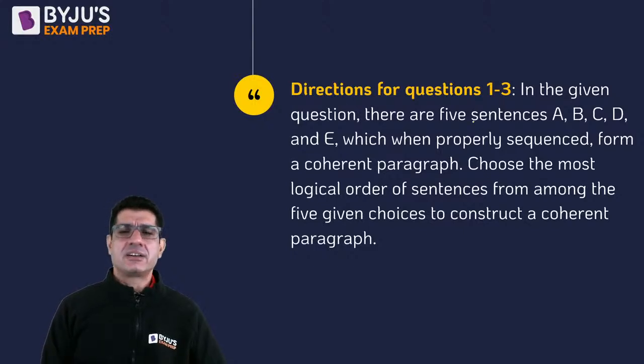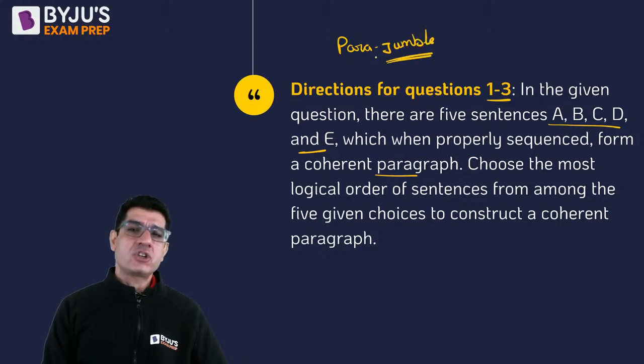So let's read the directions once. You are given 5 sentences. When these 5 are properly sequenced, they form a coherent paragraph. So this is basically going to be a para jumble question for you.